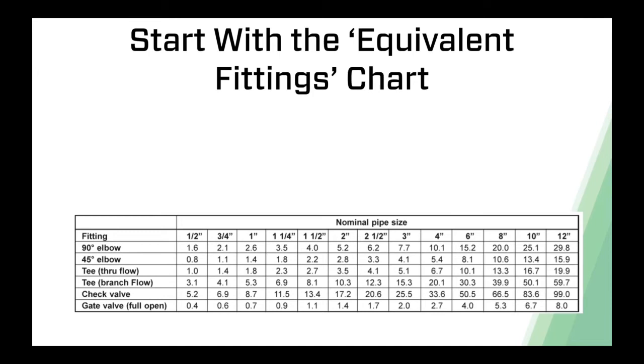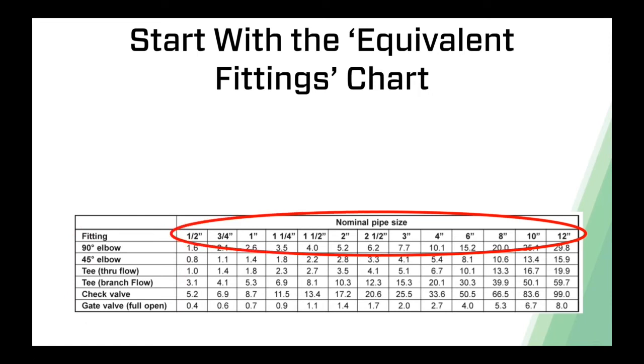So this is an equivalent fittings chart. The way that you read this, over on the left-hand side, there are a number of different kinds of fittings. We have different kinds of elbows, T's, there's a check valve, there's a gate valve or a shut-off type valve. And along the upper edge, there are different pipe sizes.